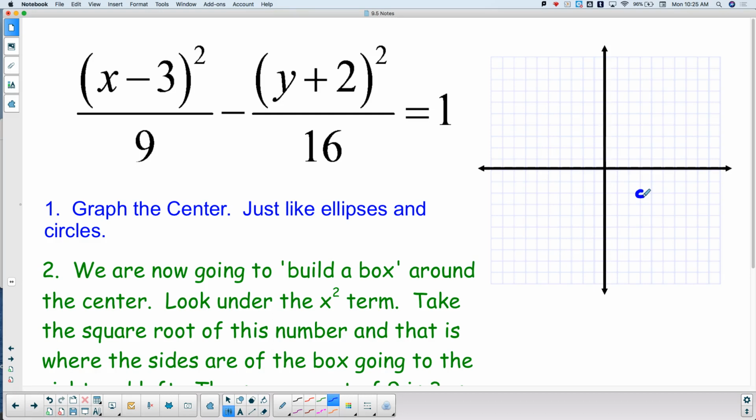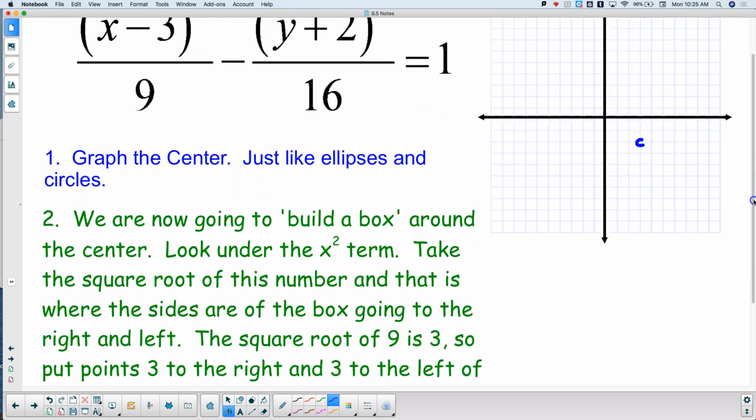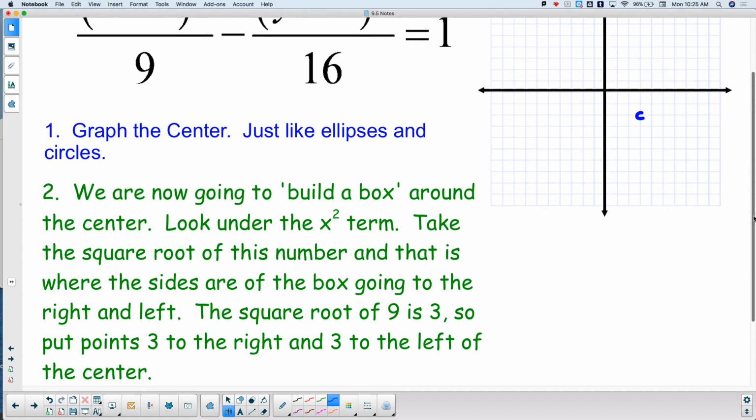Step number 2 then says we are now going to start building that box. So what we're going to do is look underneath the x squared term, and that's where a squared lies. We're going to take the square root of that, kind of familiar to ellipses, right? Kind of the same thing that we did there with ellipses. And that's going to be the left and right sides of our box.